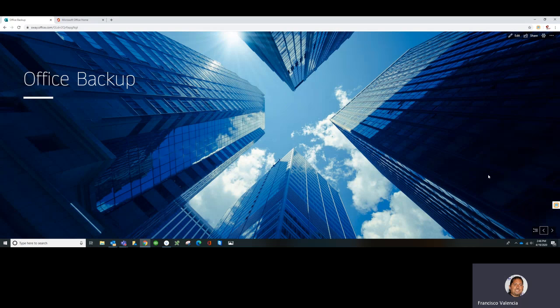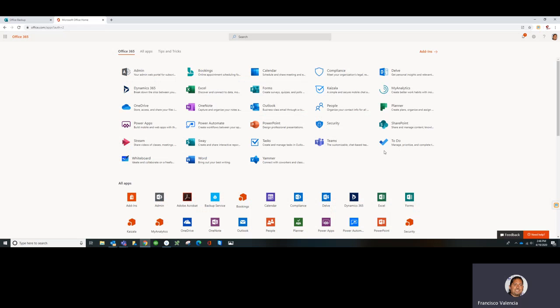Now, to clarify, there's a conversation about Office 365, and if we go back to our Office 365 platform, you have obviously emails, okay, that you can use here in Outlook. Of course, if you start sending emails back and forth, you're going to have content. Content is available in emails.